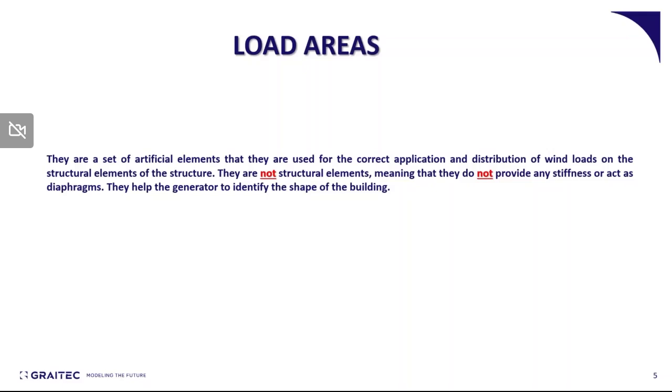They are not structural elements, meaning that they do not provide any stiffness or act as diaphragms. This is the default option. The user obviously can change that, but generally the load areas are artificial. It's basically a way for the generator to identify the shape of the building and apply the loads accordingly.